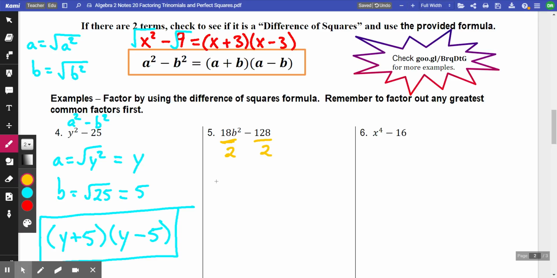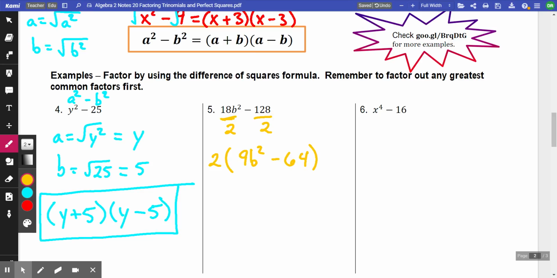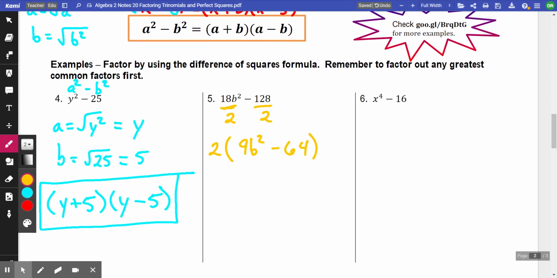And if we just do that, just divide by 2, our first term will now say 9b squared. Our second term will say 64. And there we have a case of a binomial with subtraction, and we know the square root of 9 and the square root of 64. So we're able now to continue on using our new formula here for factoring a binomial. Okay, so let's go ahead and try that.